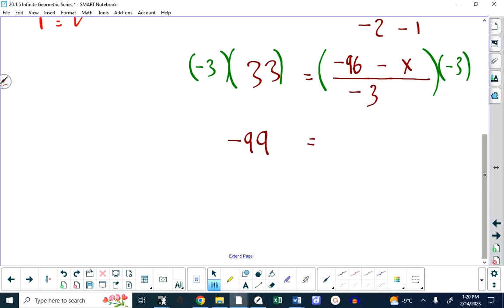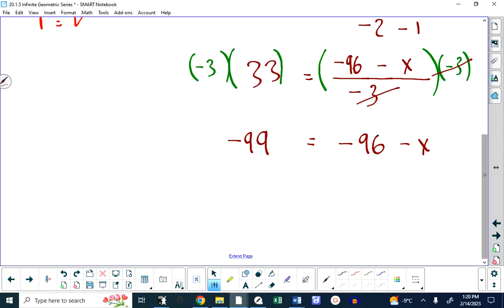Okay, negative 99 equals, now here these cancel, negative 96 minus x. You could just solve it from this point by saying the x is negative. I'm going to move it to the other side and make it positive. And I'm going to bump the 99 out of the way by moving it to the other side.